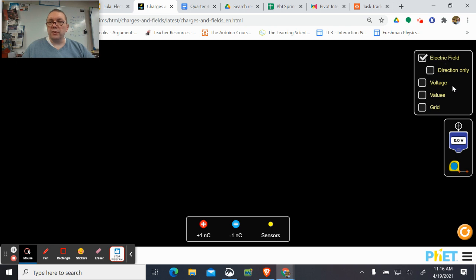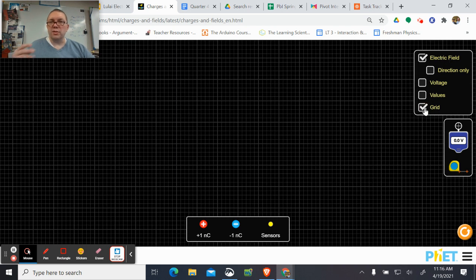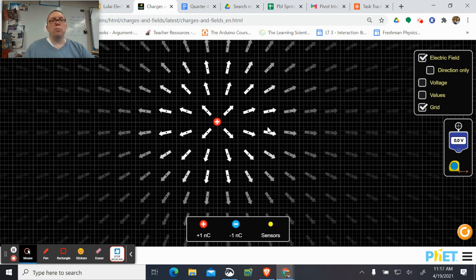We'll add electric field. I like the grid. To me, that is helpful. So right now, this background that you're seeing is just a black background with a grid. Once I put a charge on there, there'll be a bunch of things that they do to show us the electric field.